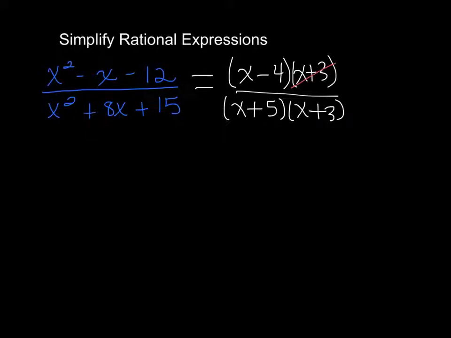The x plus 3 in the numerator cancels with the x plus 3 in the denominator. So our answer is x minus 4 over x plus 5. Now, you can choose to leave the parentheses or take them off. It doesn't matter.